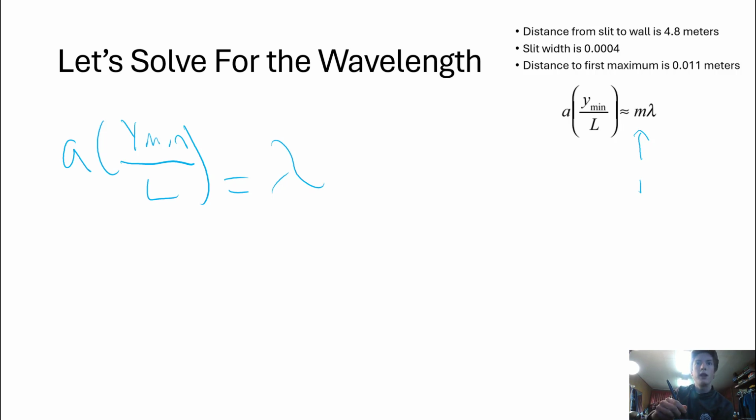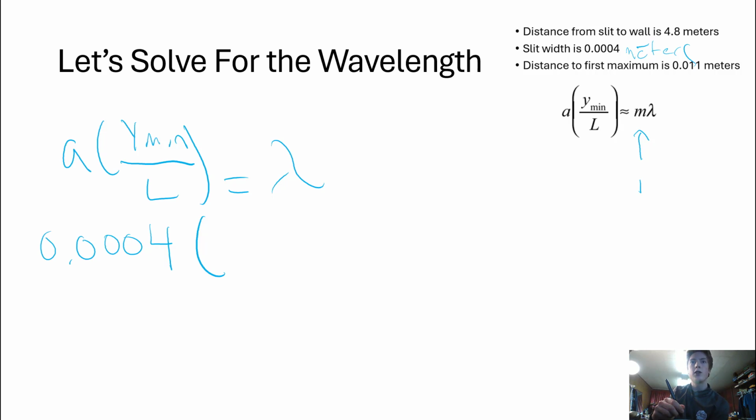What is A? The slit width, the aperture, is 0.04 meters. So we can plug in 0.00, I think there's 3 zeros, and then times y min. What is y min equal to?